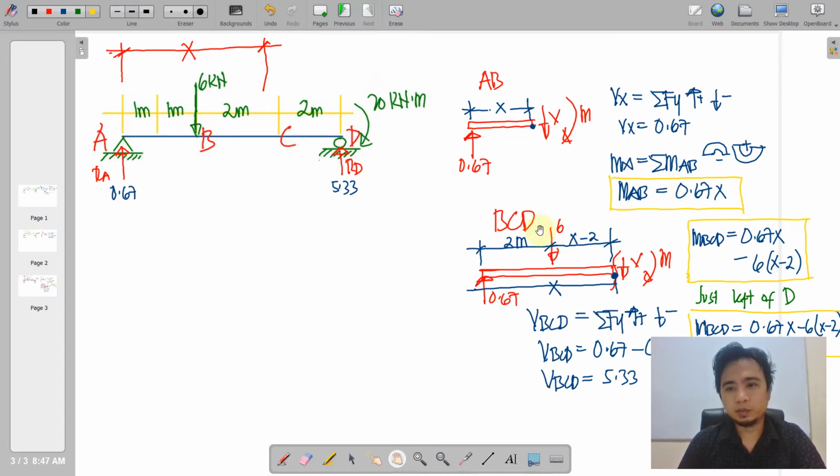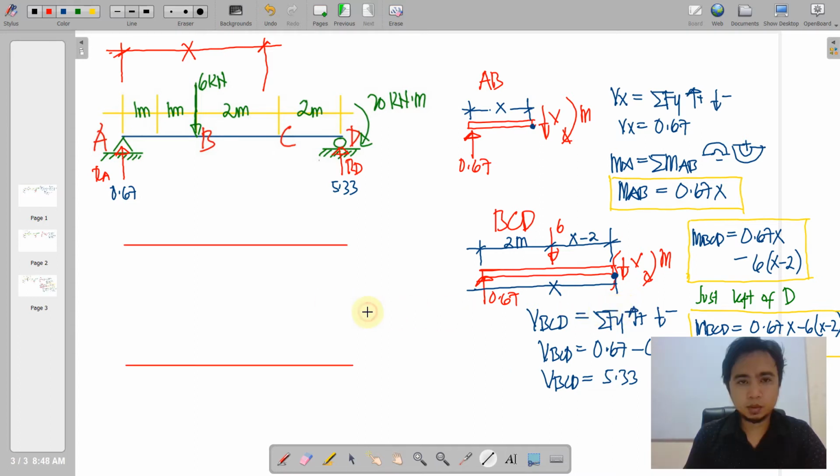We can do it by this equation, and we can do it by a direct graphical method. So we will do it by direct graphical method. Okay, so we're going to have these zero lines for the shear and moment. At A, we have an upward 0.67.